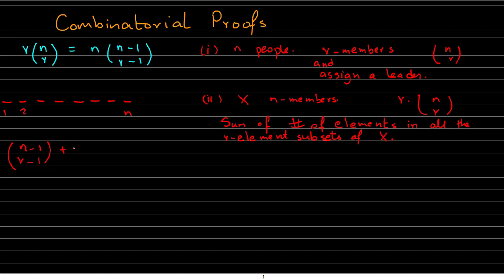The number of committees in which 2 is the leader would also be n minus 1 choose r minus 1, because 2 is already inside and we want to choose the remaining members. The same thing can be done with all the people. That would give us n copies of this, so that would be n times n minus 1 choose r minus 1, and there's the combinatorial proof.